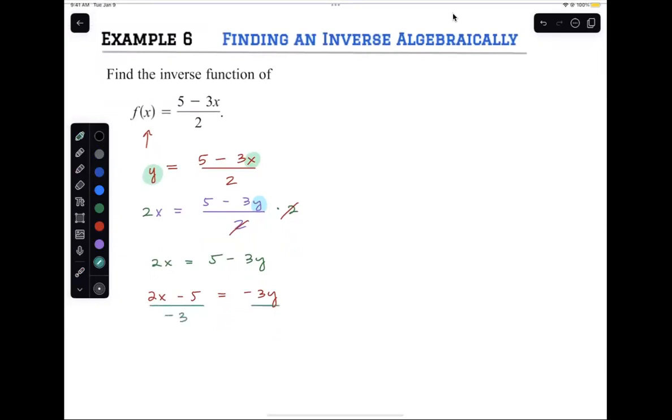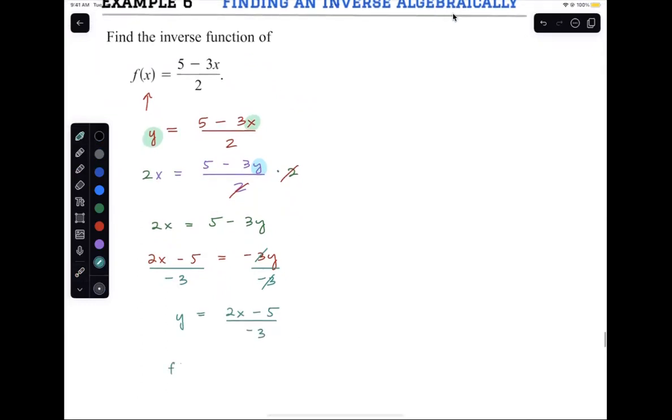Now you could rewrite this in slope-intercept form, but we don't necessarily need to because we're not graphing it, and you're not asked to find the slope or the y-intercept in this problem. So you could just leave it like that, and that's fine. So we get y is equal to 2x minus 5 over negative 3, but we need to rewrite it as its inverse. So f inverse of x is equal to 2x minus 5 over negative 3. So this is the inverse.